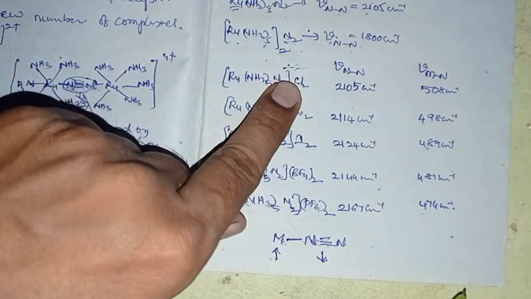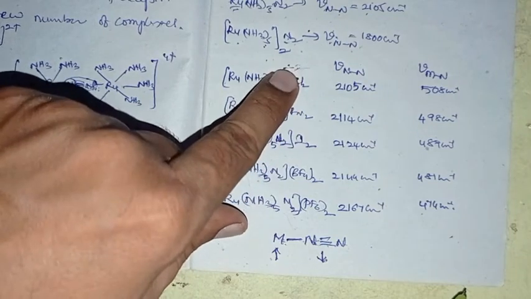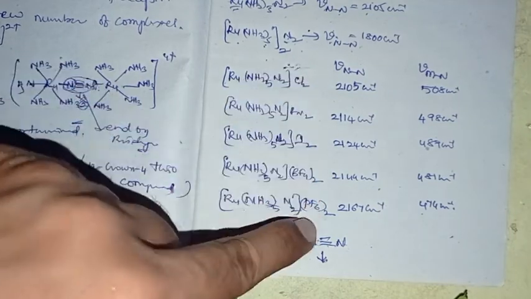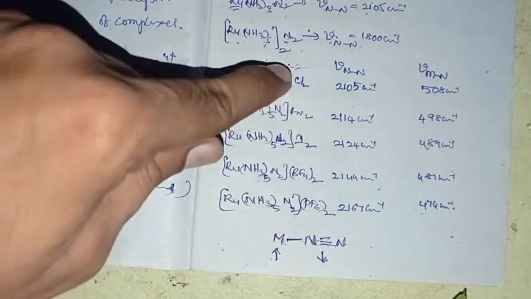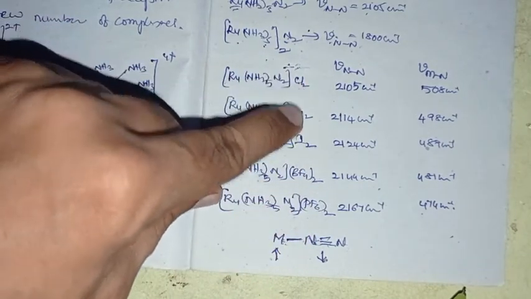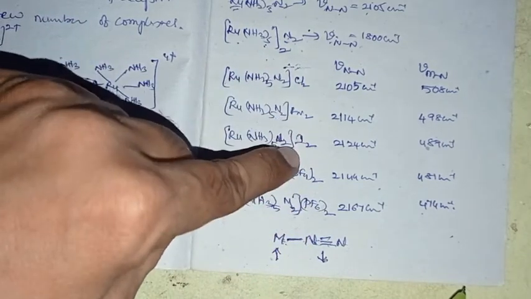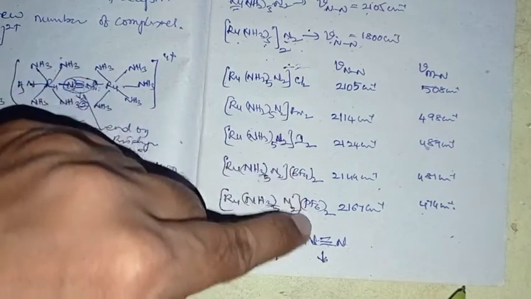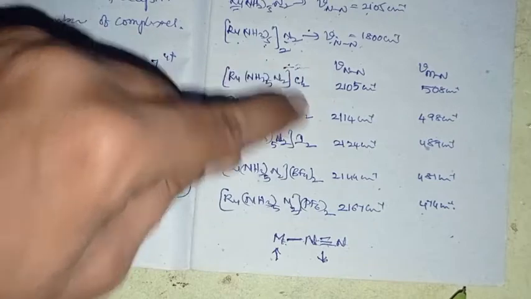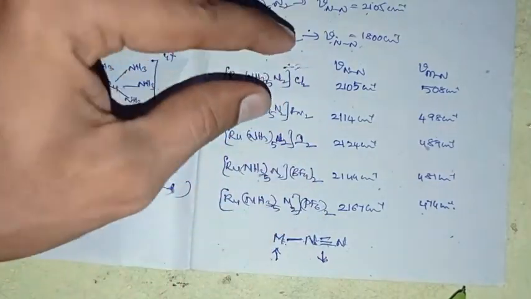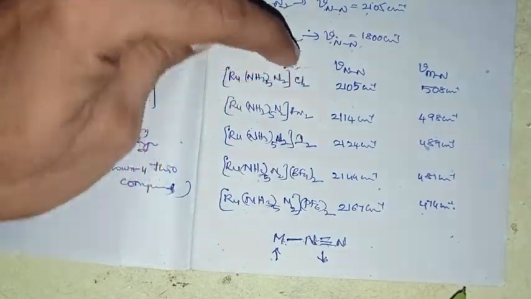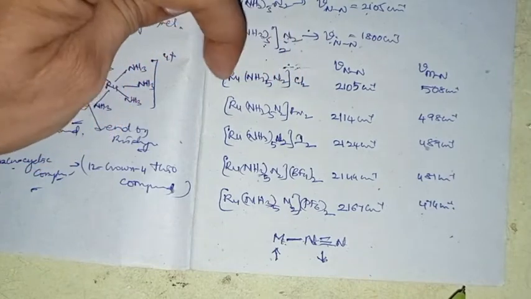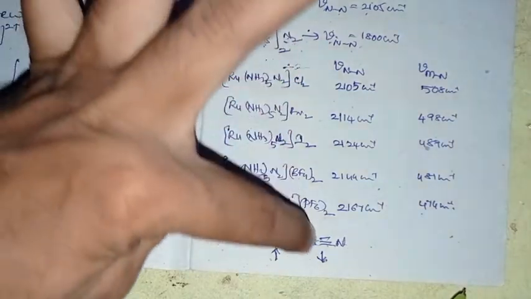The second thing we have to observe is the electronegativity of the primary sphere from the first complex to the last complex. In the first complex we have chlorine, next bromine, next iodine. Going from first to last, the electronegativity of the binding site in the primary sphere to the metal keeps decreasing.